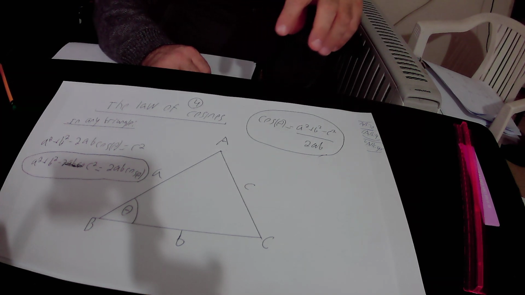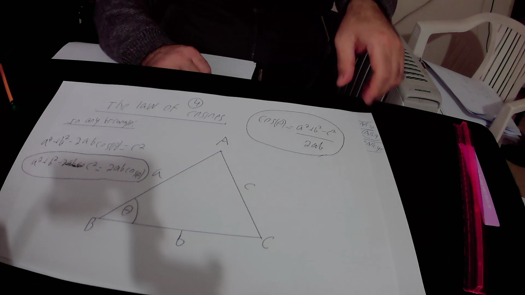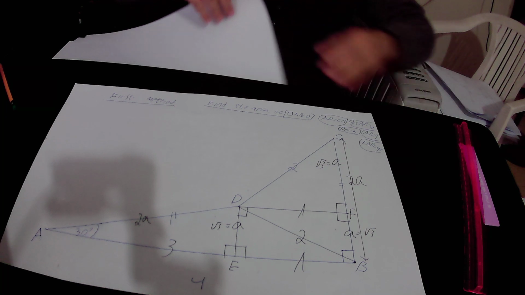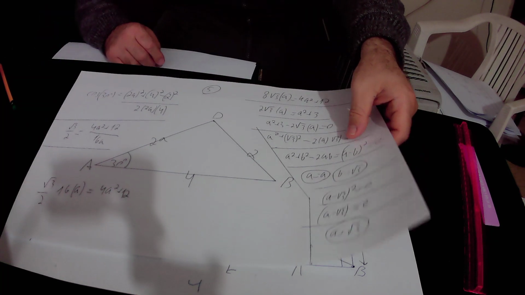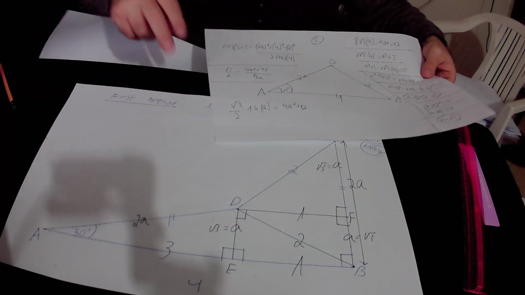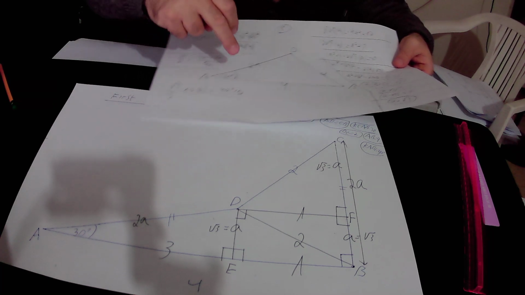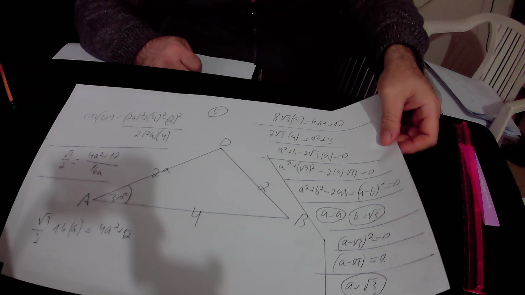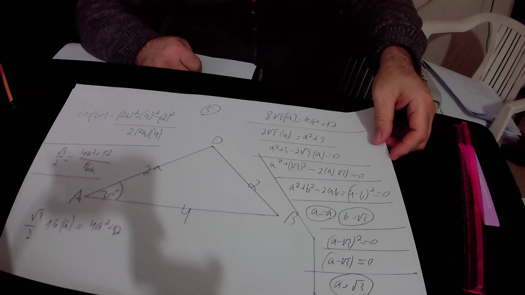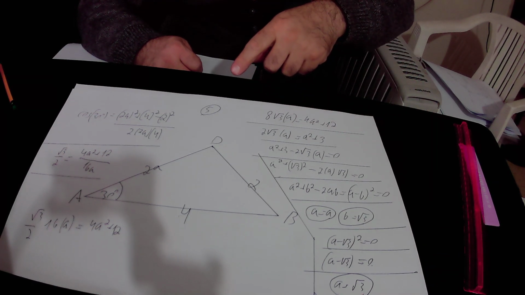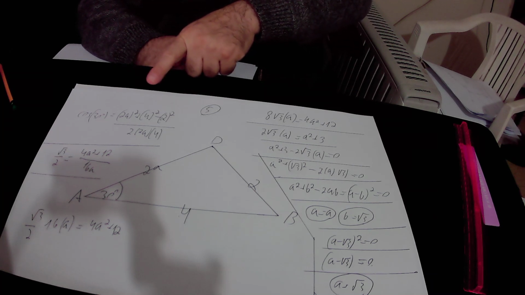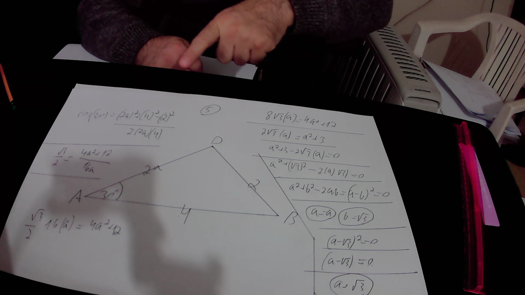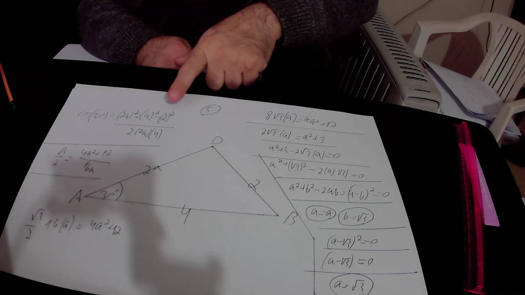We implemented the law of cosines in our triangle. In triangle DAB, so I copied triangle DAB to this page, and according to the law of cosines on triangle DAB, cosine 30 degrees equals (2a) squared plus 4 squared minus 2 squared over 2 times 2a times 4.